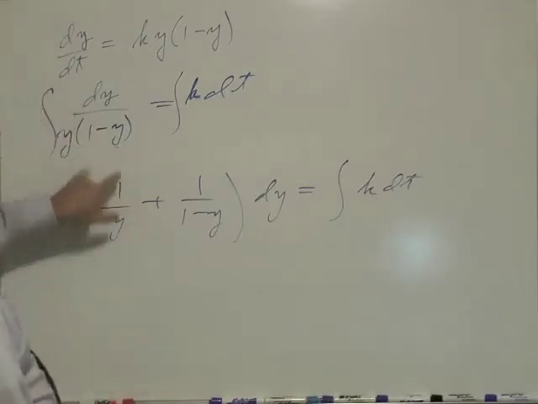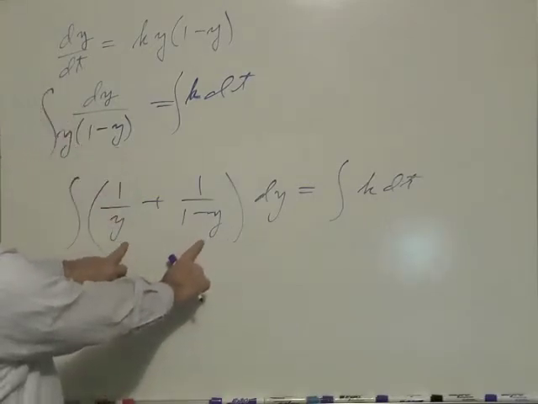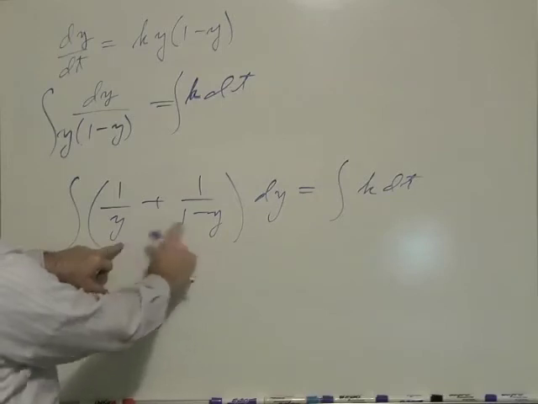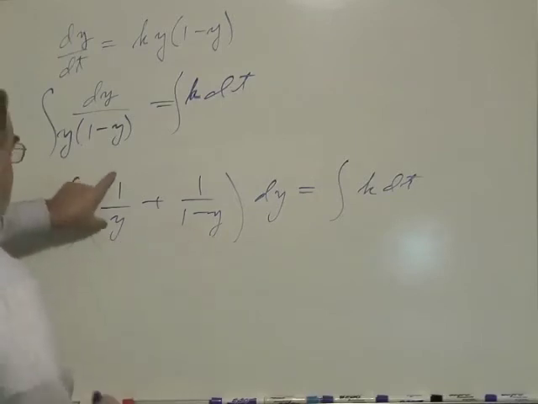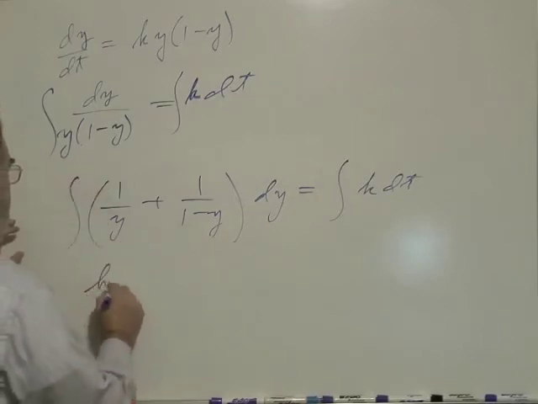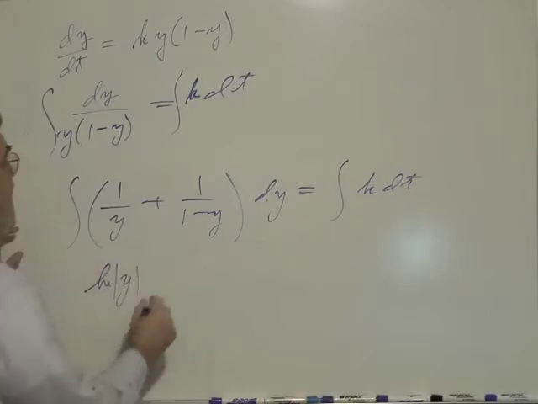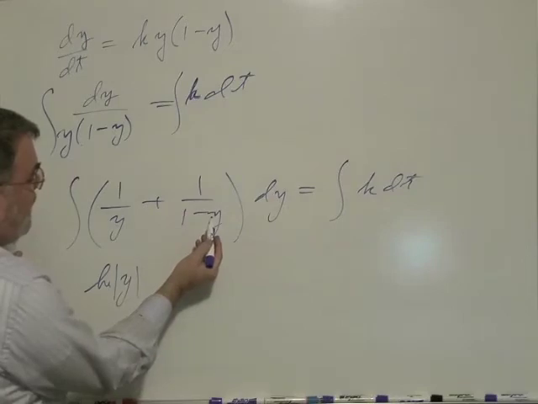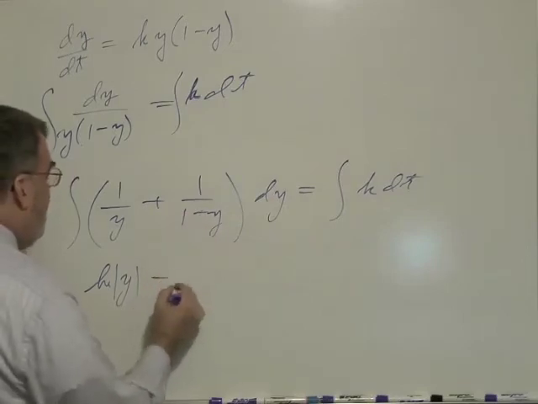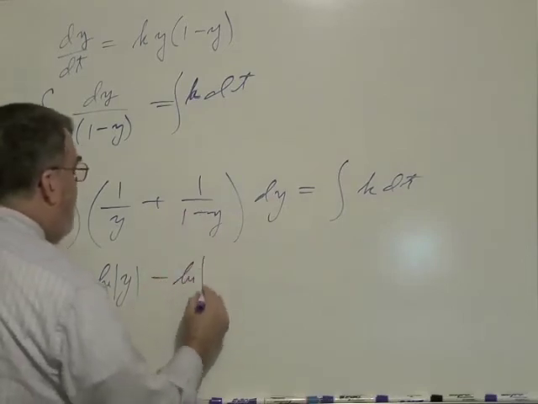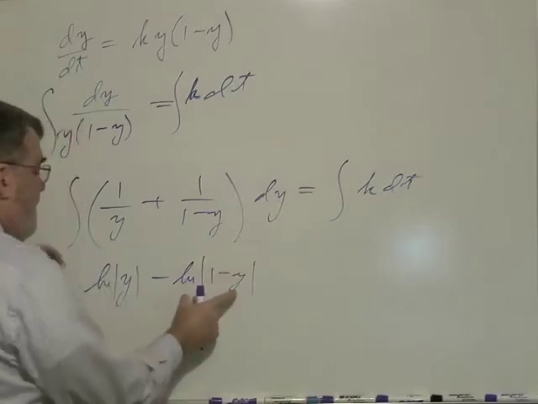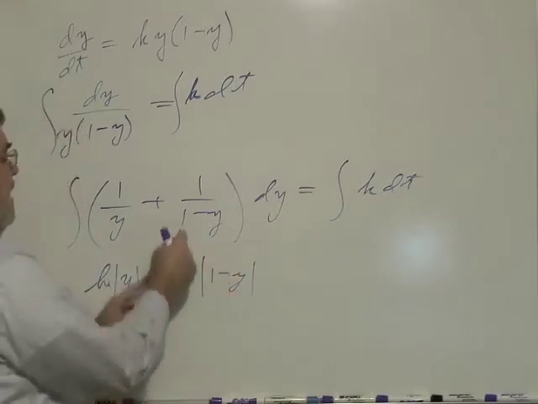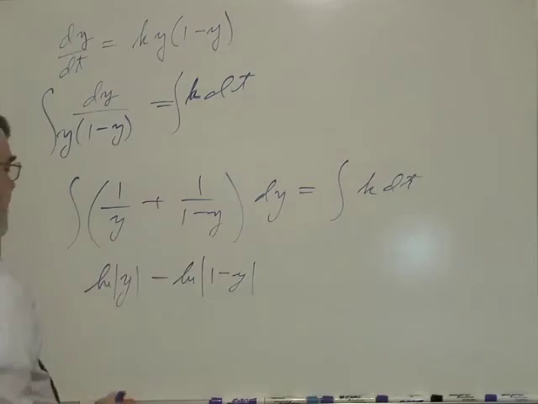Okay, so I split up the fraction using partial fractions, and now I can integrate these separately. This is a logarithm, natural log of the absolute value of y. And then in this integral, I get a natural log, but the minus gives me a negative natural log, absolute value of 1 minus y. Take this derivative, the negatives will cancel, and we'll have this plus sign.